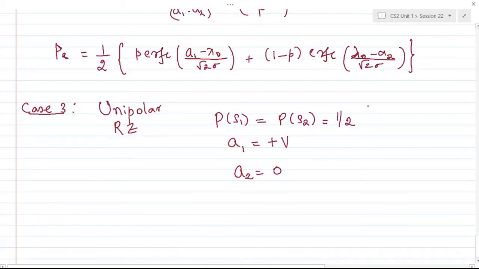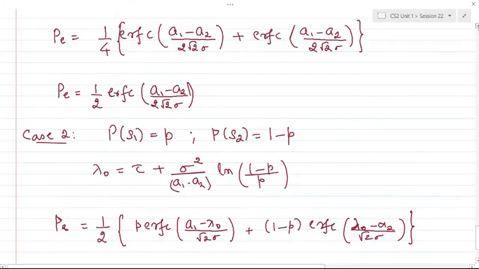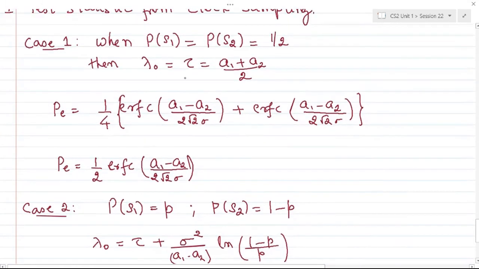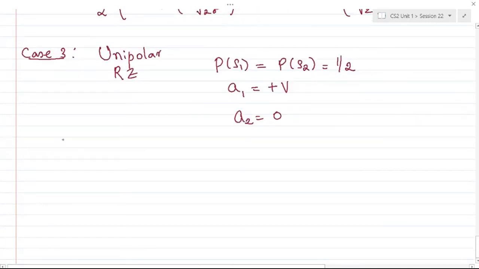So we can take case 1 here, which deals with the equiprobable, equally likely occurrence of these two symbols. We can utilize the expression of probability of error for case 3 directly. So the probability of error is half of the complementary error function of (A1 minus A2) by 2 root 2 sigma. So A1 is V, so this is V by 2 root 2 sigma.